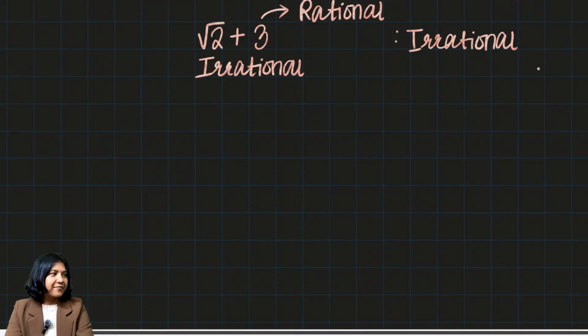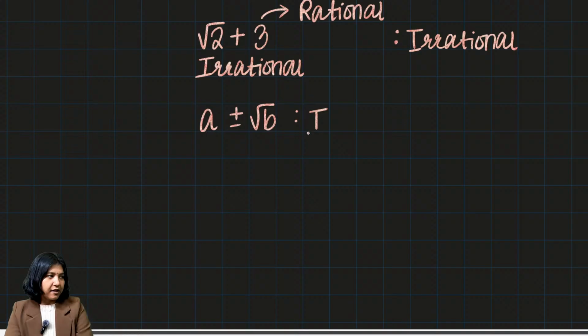Likewise, if you have irrational plus rational, the answer is always irrational. So if you're adding or subtracting an irrational number, if you have a rational number A, you do plus or minus a root number B such that it cannot be written as a perfect whole number. Yeah, B has to be a non-square number. So it is always irrational.